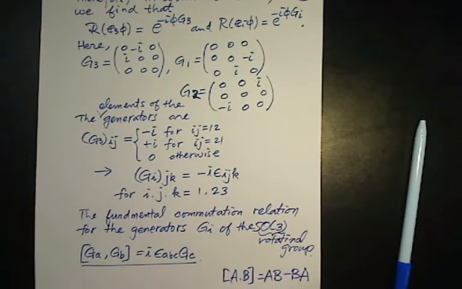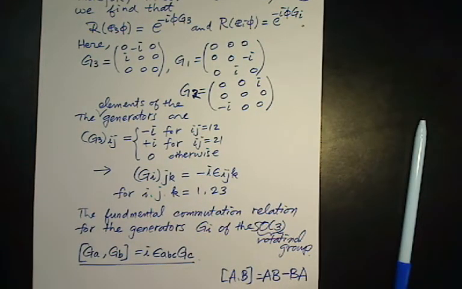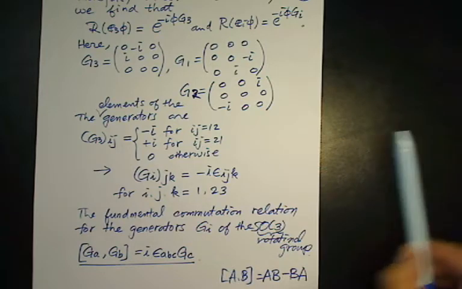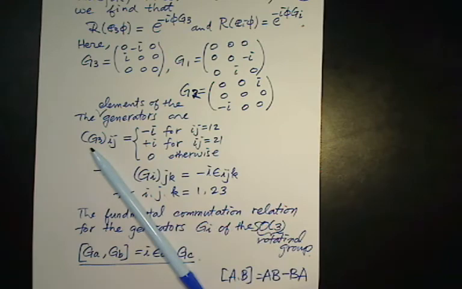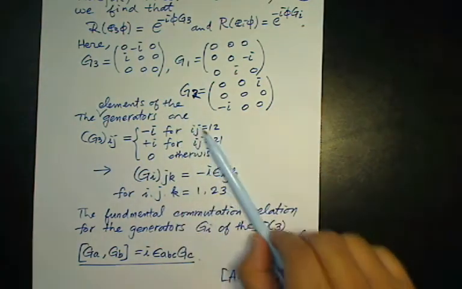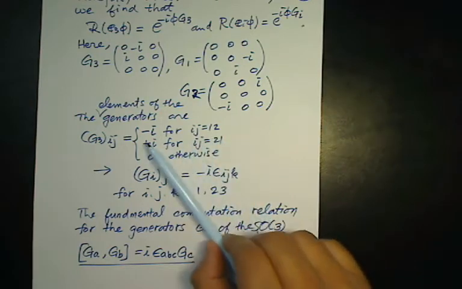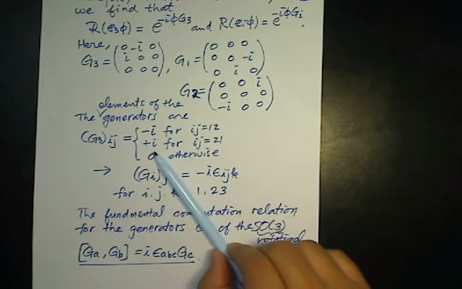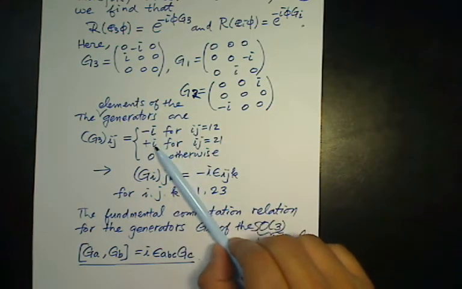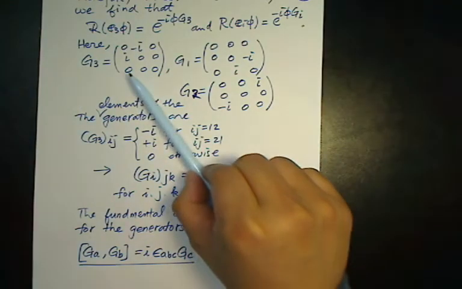Let us look at the explicit values for the ij element. First, consider G3ij. G3ij is minus i for ij equals 1, 2, plus i for ij equals 2, 1.